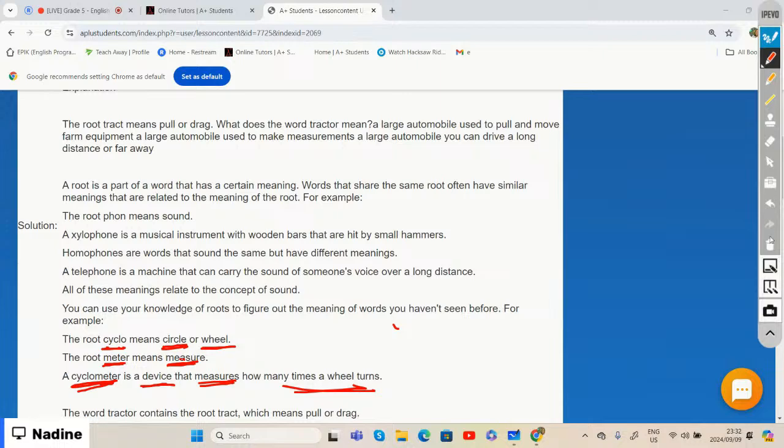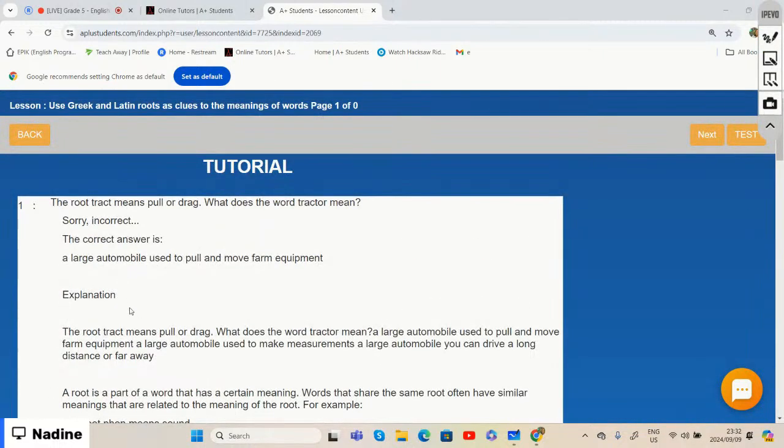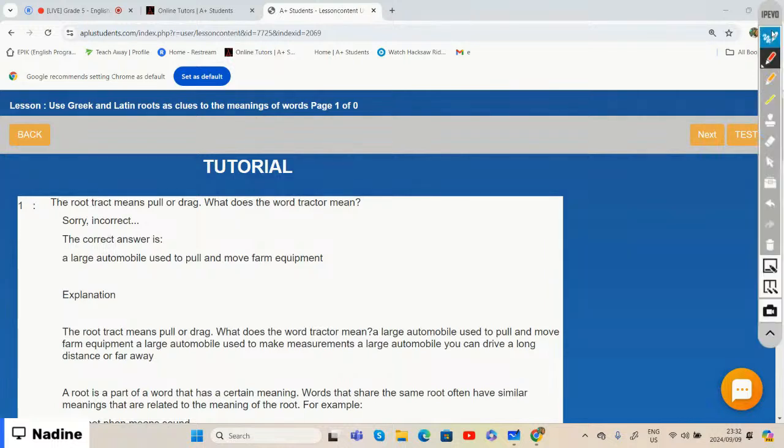All right. Now we're going to look at an activity and then we are going to our test. It says the root tract. The root tract means to pull or to drag. If the root tract means to pull or to drag, then what does the word tractor mean?